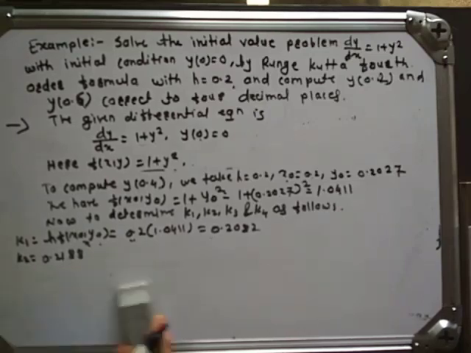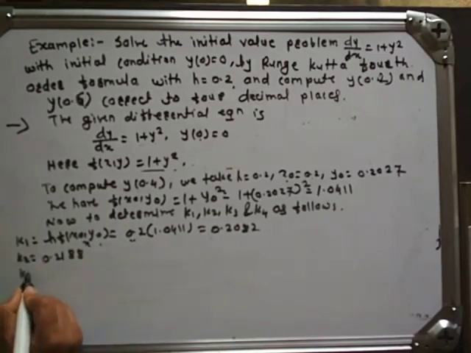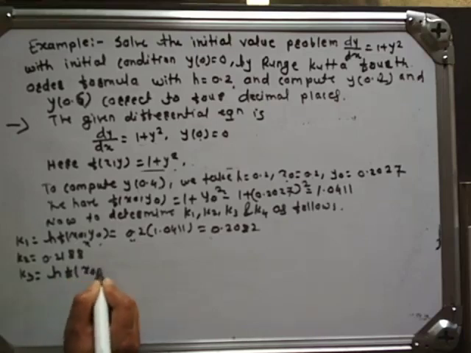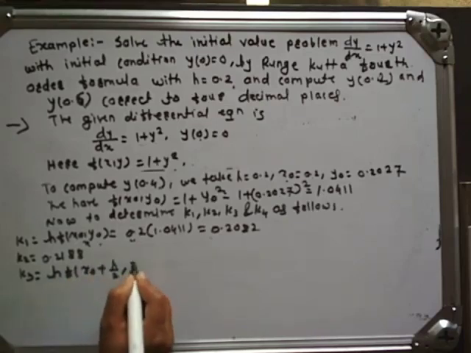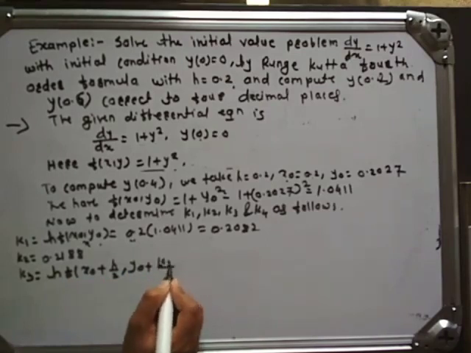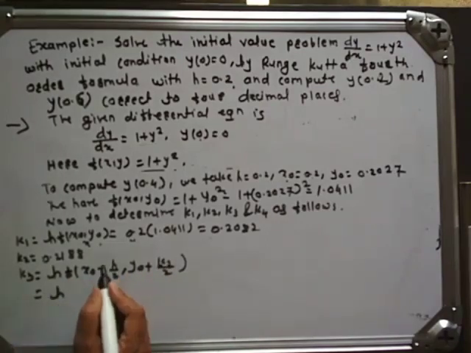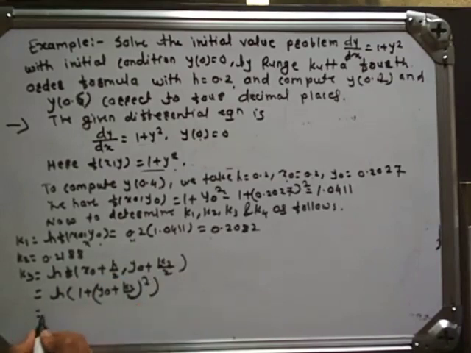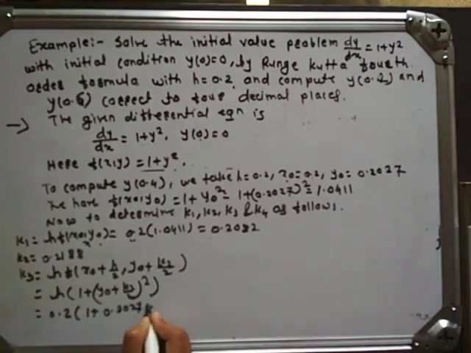Next calculate K3. K3 is equal to h into f of x0 plus h by 2 comma y0 plus k2 upon 2. Okay, h into 1 plus y0 plus k2 upon 2 whole bracket square. h is 0.2, 1 plus, what is y0 here? 0.2027 plus k2 is here 0.2188 upon 2 bracket square.